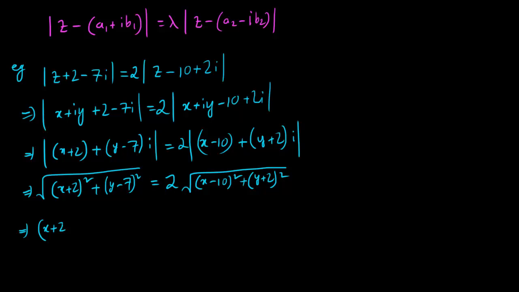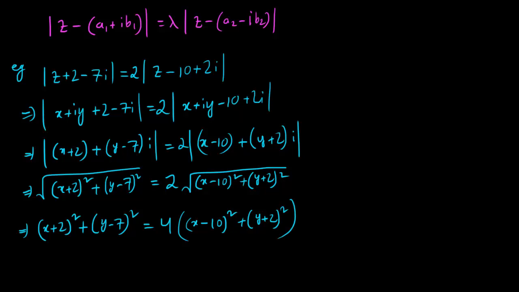It would be (x plus 2) whole squared plus (y minus 7) whole squared. Then 2 squared is going to be 4, and the square of the square root is going to be to the power 1. So (x minus 10) whole squared plus (y plus 2) whole squared, and we have this format. Now we can break this down.